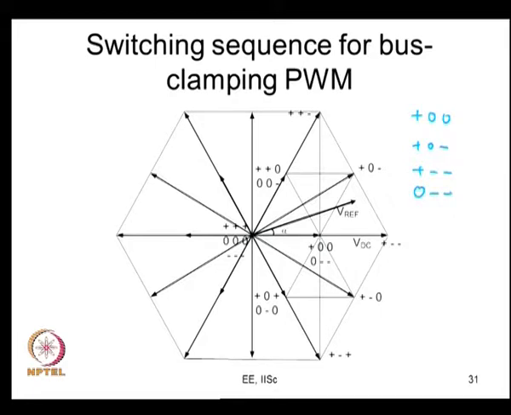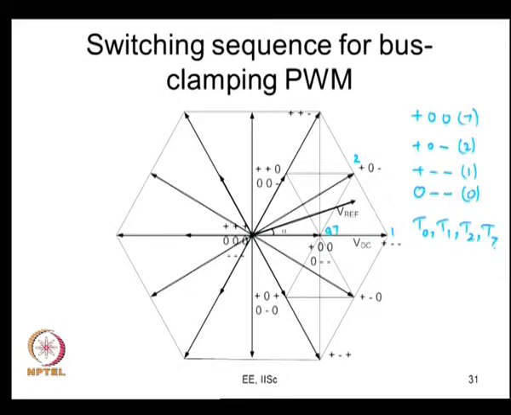So, for the sake of convention, let us call this 0, let us call this 1, 2, and this is 7, like we called in a 2 level inverter. So, this is 0, this is 1, this is 2, this is 7. So, you have these vectors applied for durations T0, T1, T2 and T7.